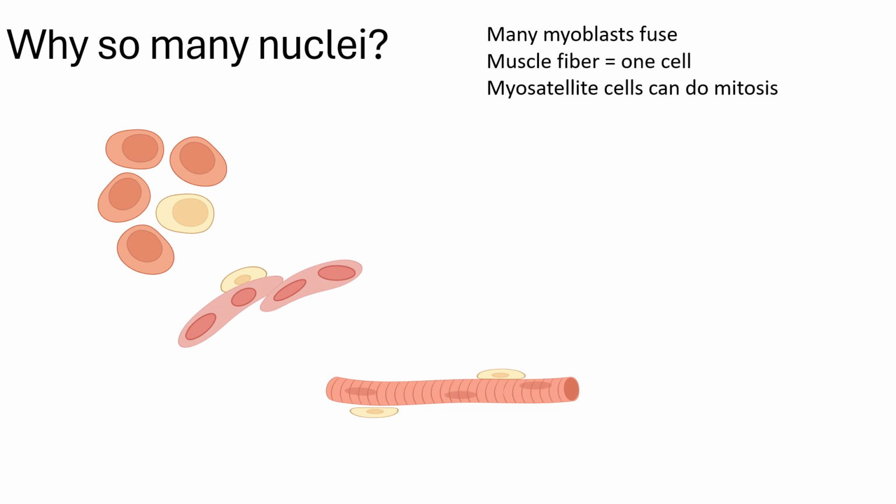When your muscles are forming in utero, there are stem cells generating two different types of cells. And you can see these two populations here. One's in a peach color, which will morph into a muscle fiber, and the other one's in a yellowish color. The peachy cells up here are called myoblasts.